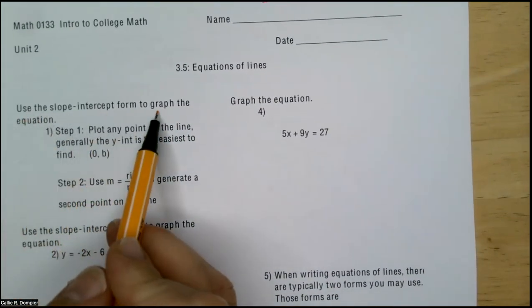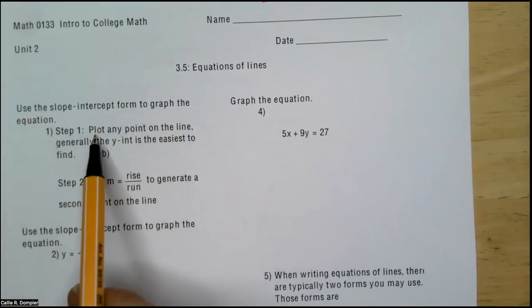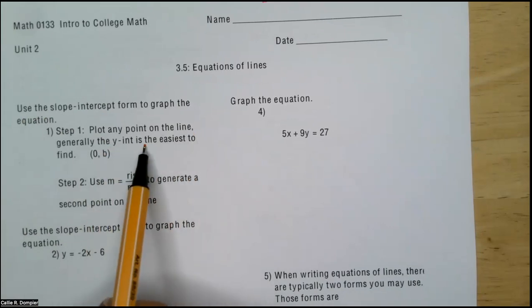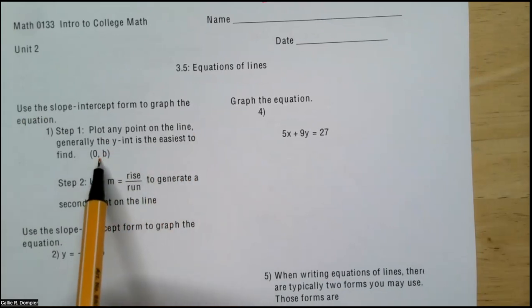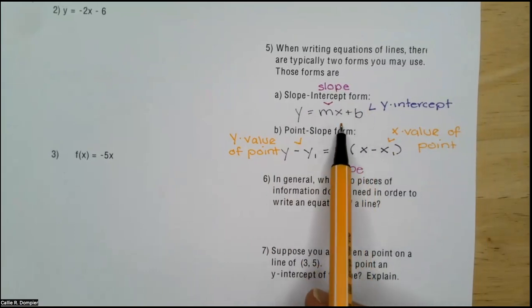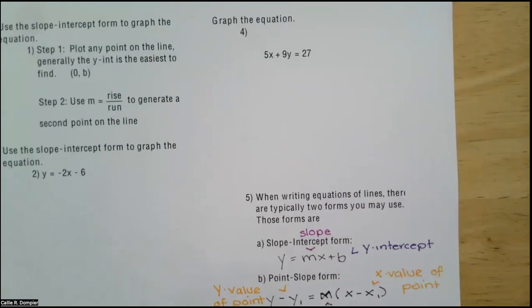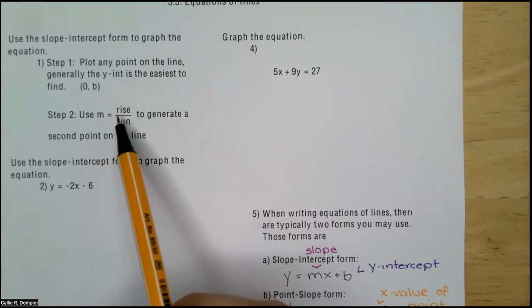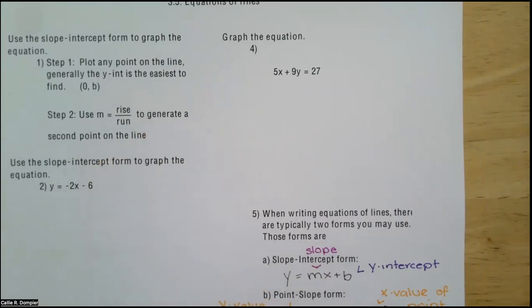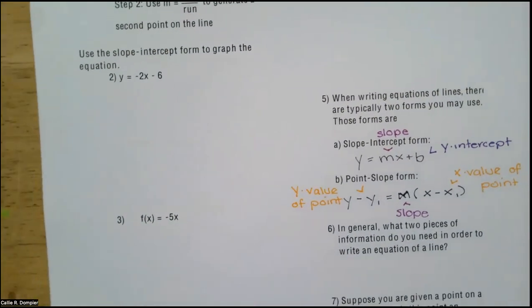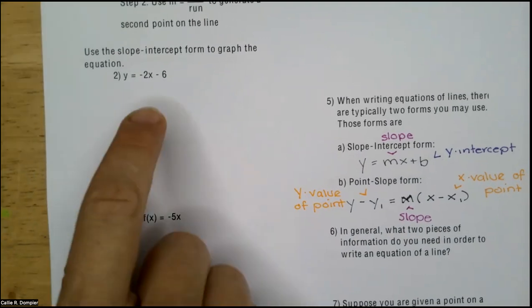So to use the slope-intercept form to graph the equation, you plot a point on the line. The y-intercept is the easiest point to find because that is just your b on the y-intercept. And then you use m equals rise over run to generate a second point on the line. Okay, so use the slope-intercept form to graph the equation.